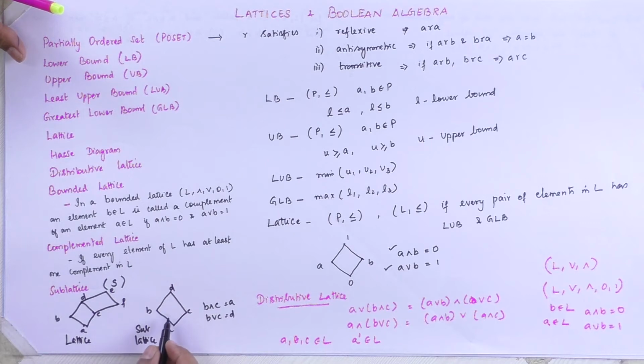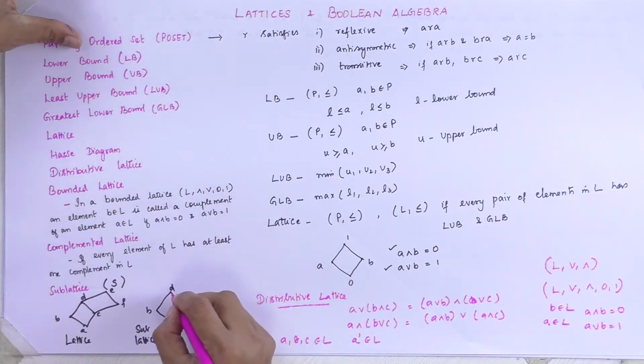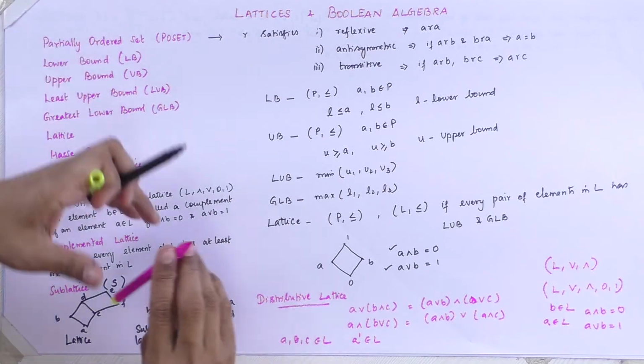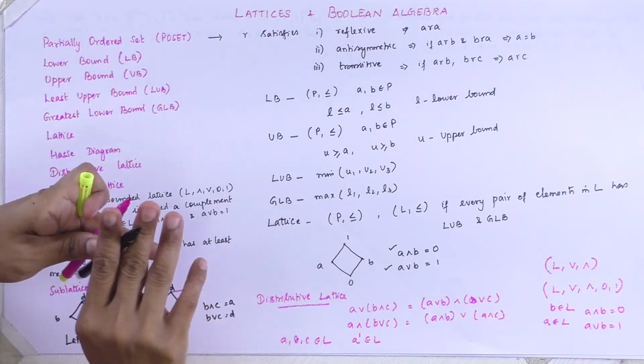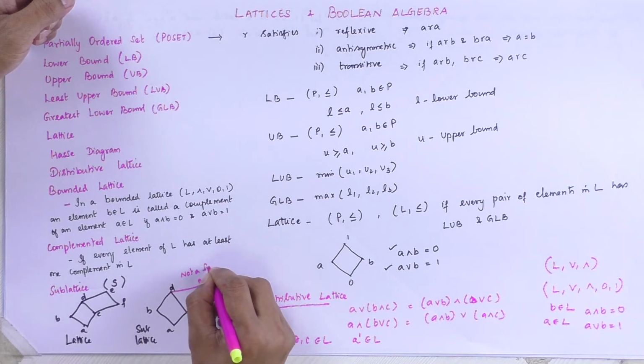So whatever subset I have of the lattice, for that subset I should have a least upper bound and the greatest lower bound. Say for example, now at this point I'll have E. So this is not a sublattice.